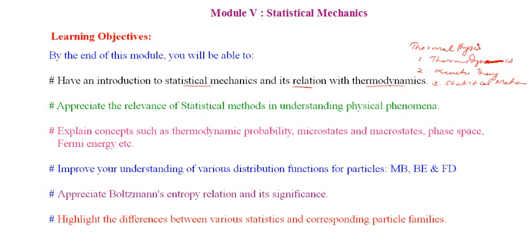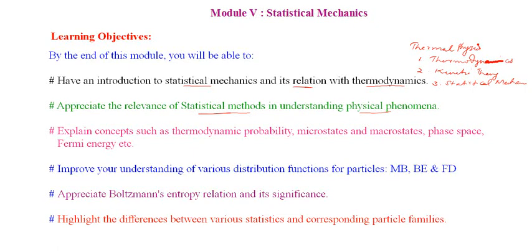Through this module, we'll be able to appreciate the relevance of statistical methods in understanding physical phenomena, how the ideas of probability and averaging will help us to predict a number of physical phenomena in nature.